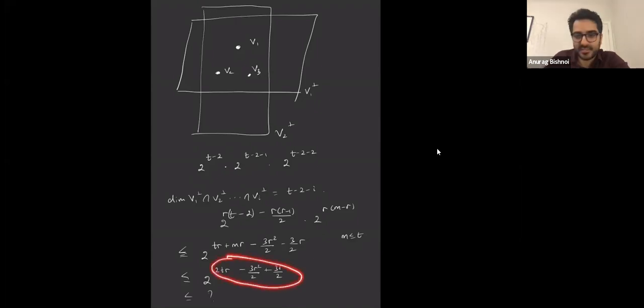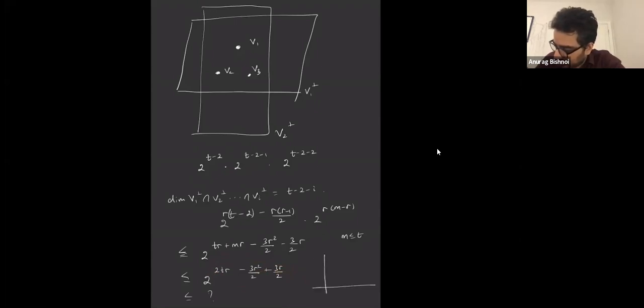So the exponent here is a quadratic function in R, which looks like this. It's a quadratic function that goes like this. This is 0, and this is some root alpha. So this function actually increases up to this value, so we could have just estimated this by that maximum value.